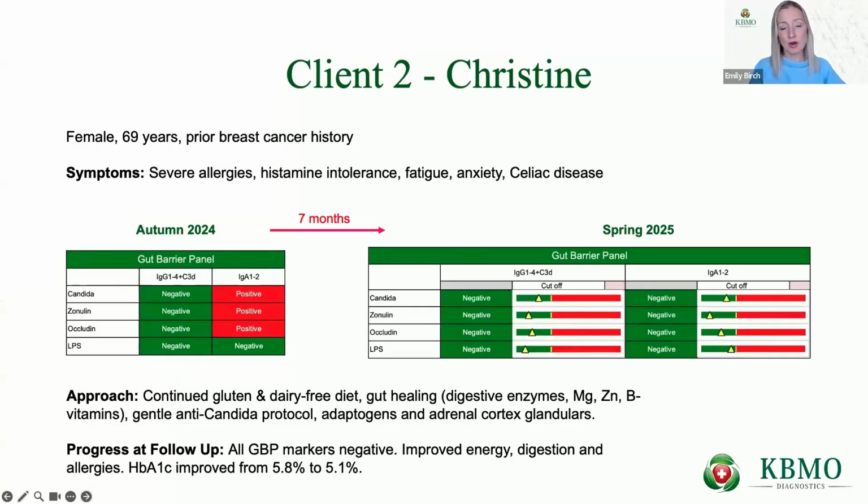So in terms of the approach that helped get her in 7 months from positive to negative, she continued her gluten and dairy-free diet. She's got celiac, so she's going to continue this gluten-free diet. She was put on some gut healing supplementation that you can see there, as well as some digestive enzymes.